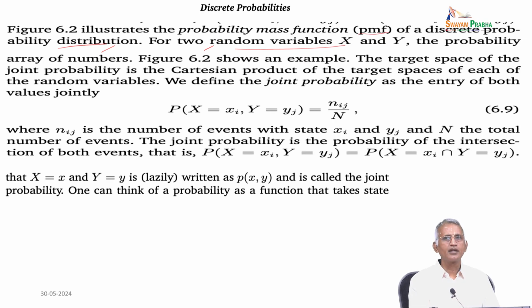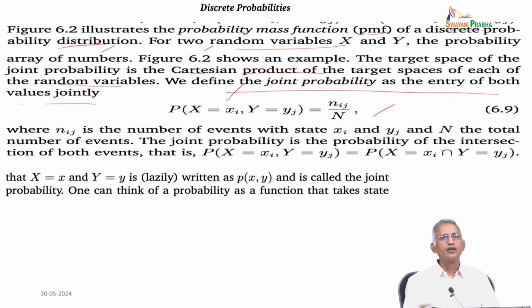The target space of the joint probability is the Cartesian product of the target spaces of each random variable. We define the joint probability as the entry of both values: probability of X equal to xi and Y equal to yj is equal to nij by n. So, this is the meaning of discrete probability.